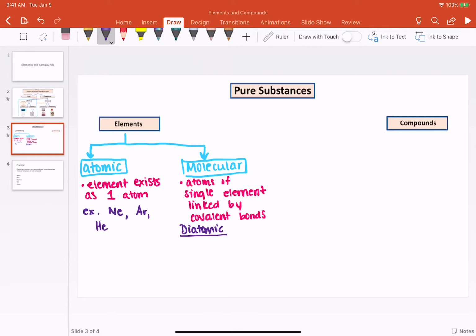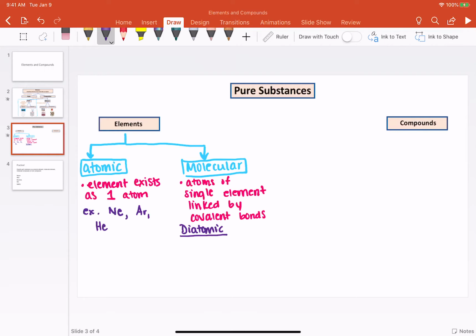Later on in the semester, we're going to go back and start studying why certain atoms are diatomic, but for now I just want you to memorize which ones are which. This is going to help us with naming compounds in the next few lessons.